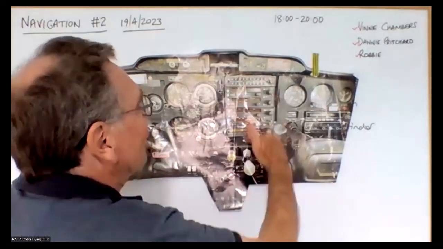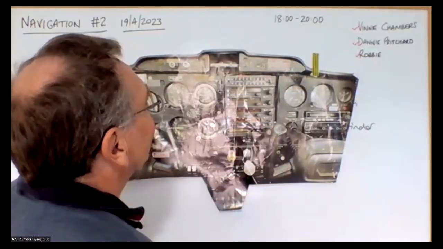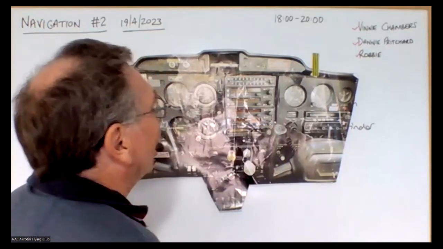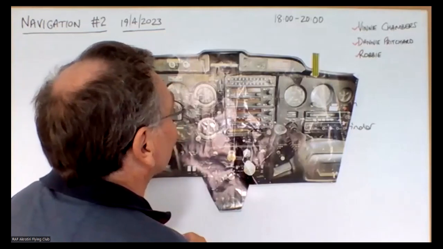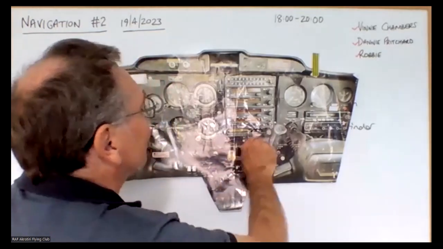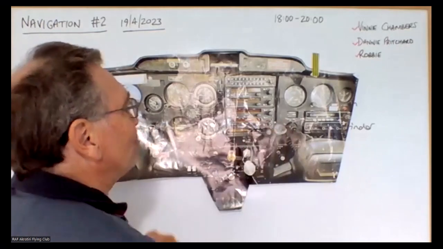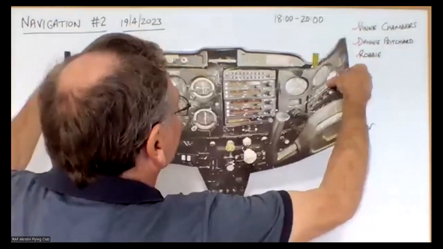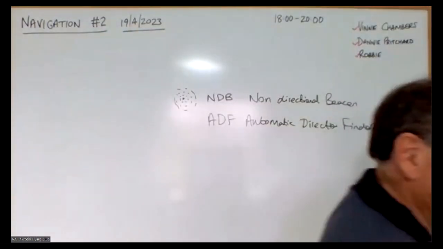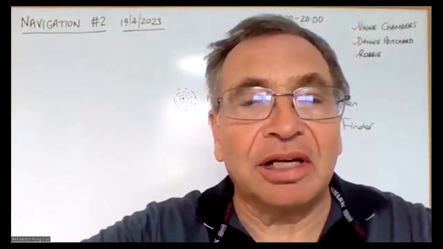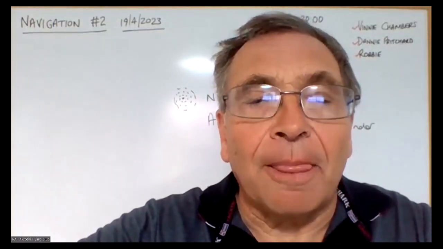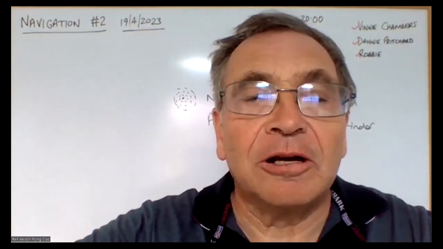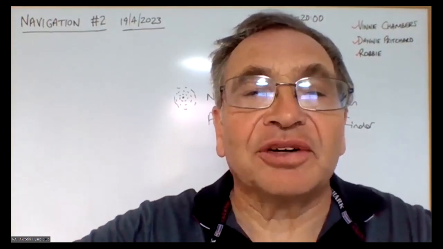And in this radio stack, in the middle, we actually have a receiver that we can tune in the frequency of that beacon and make it point to it. I'll just show you what that looks like on the chart.